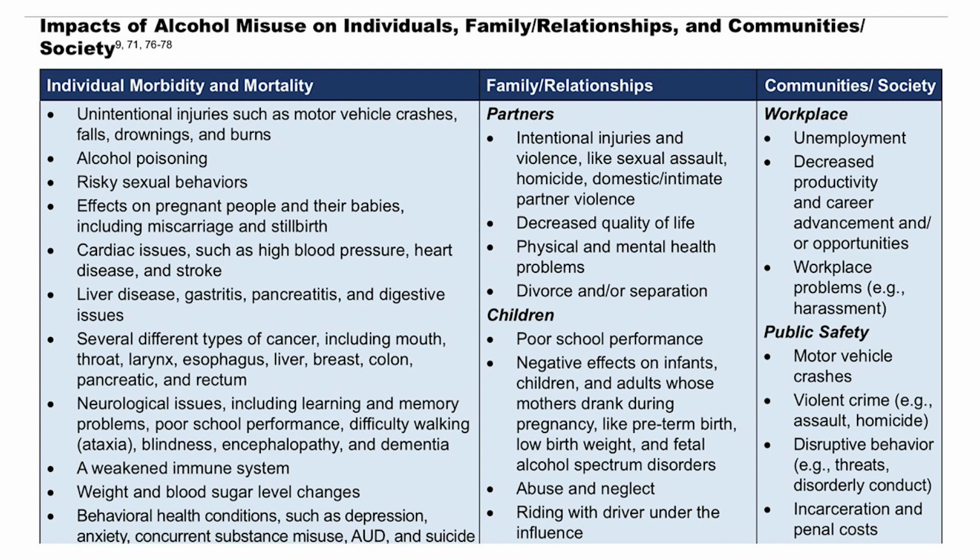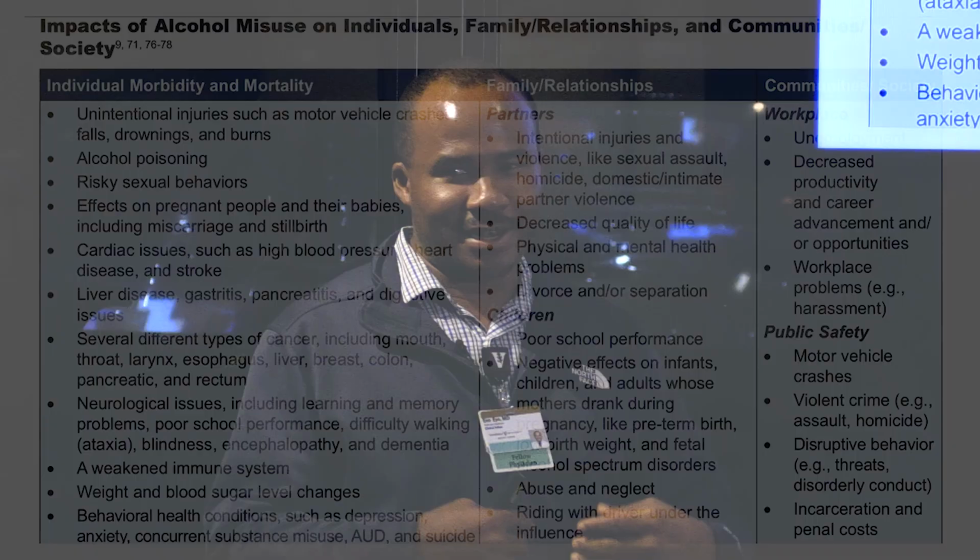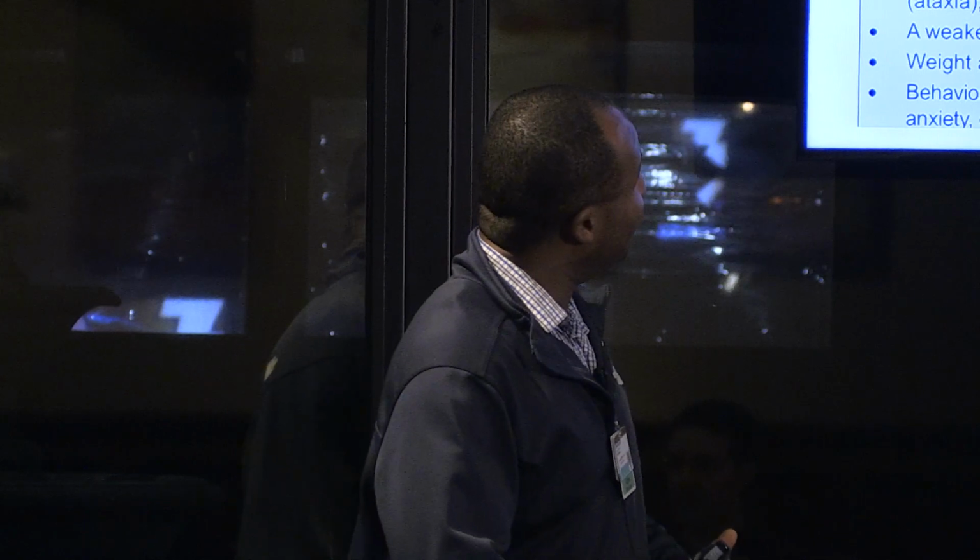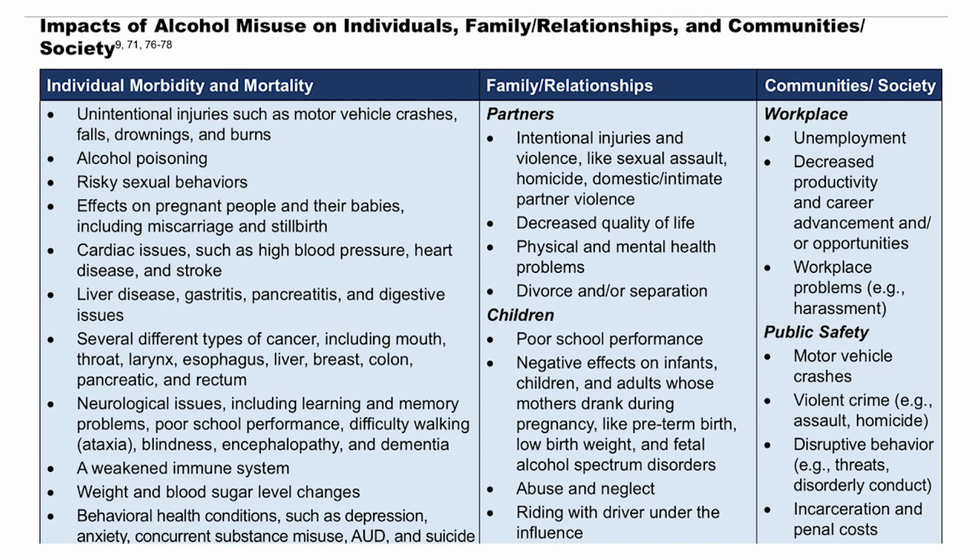A lot of folks that drink, if they drink long enough and hard enough, will end up with some form of liver pathology, and that's when eventually they will come to see you in the GI wall, and then you can take care of them at that point as well. But lots of other things, motor vehicle crash, family issues, missing work, loss of income, and things of that nature.